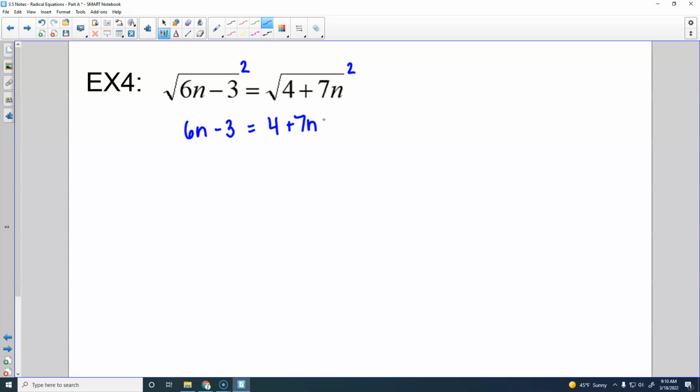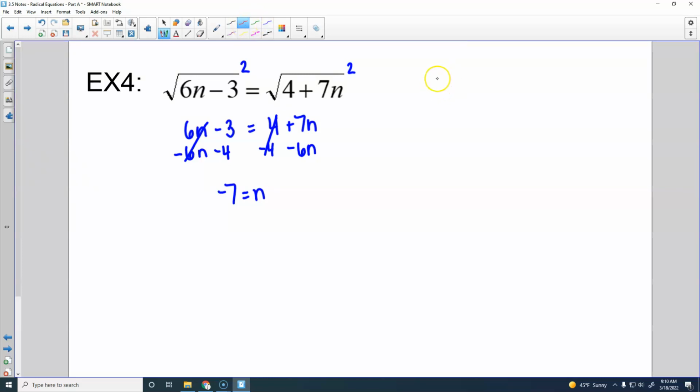And so now you're just down to a basic equation. You're going to subtract that 6n, and I'm going to go ahead and subtract this 4 right here to move it over here. So I get negative 7 equals n. Now, you do always want to plug this back in to check to see if it works.